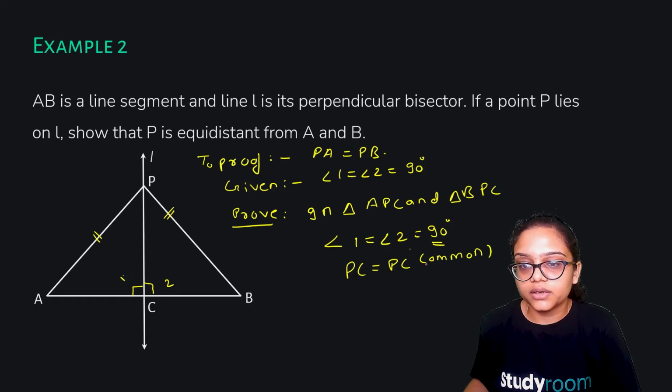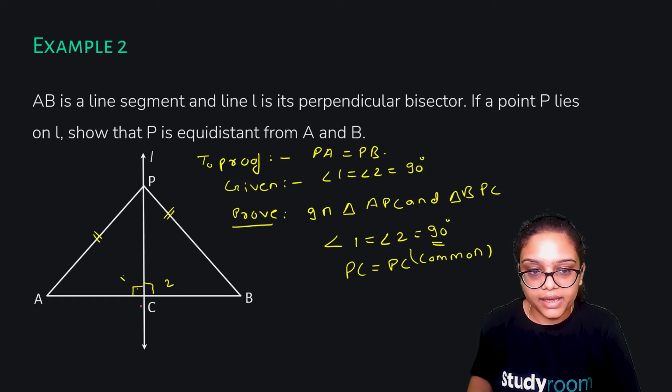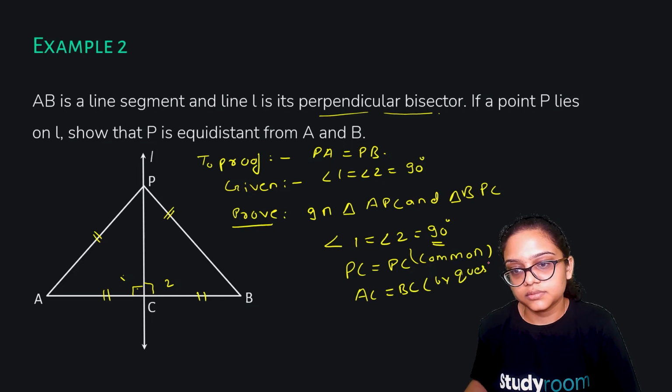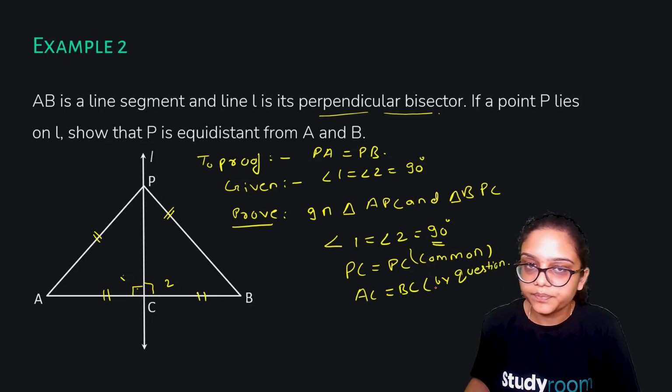So we have got one angle and one line. Also, this is perpendicular bisector, means AC is equal to CB according to the question. Okay, by question. Correct?